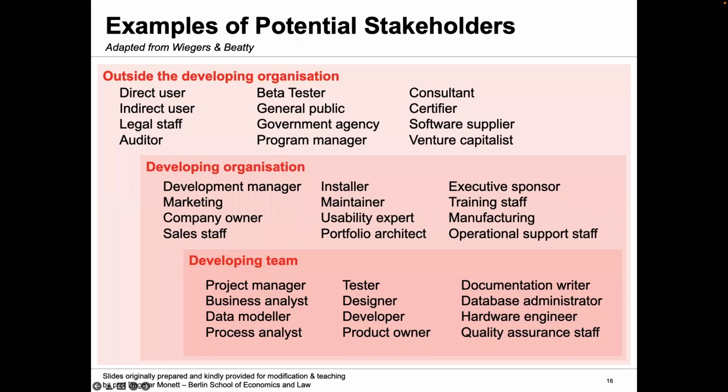I think, Mona, it's good to bring up this slide, because it's important when we talk about the large percentage of reasons for project failure that come from requirements engineering. One of the most important responsibilities of a requirement engineer is to identify the potential stakeholders.